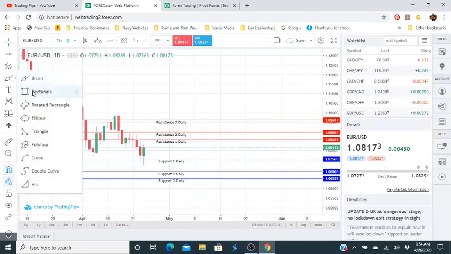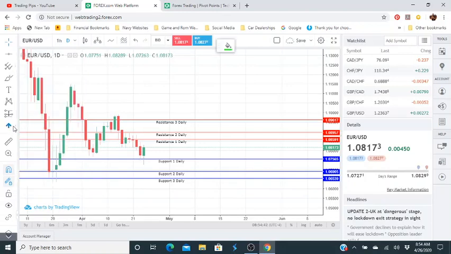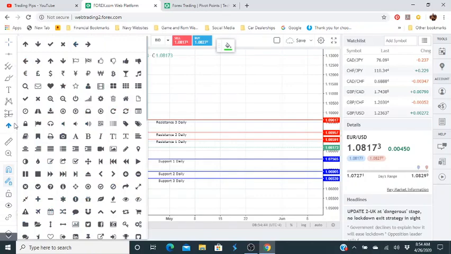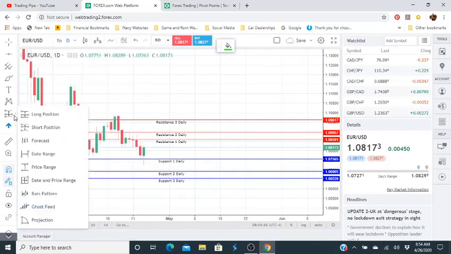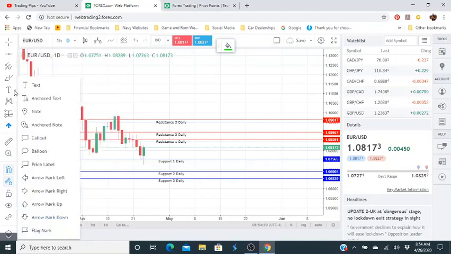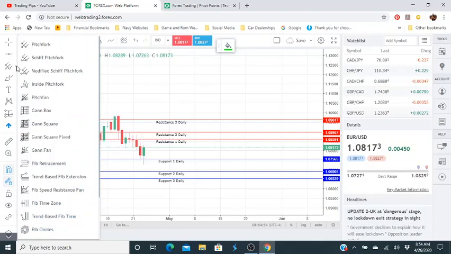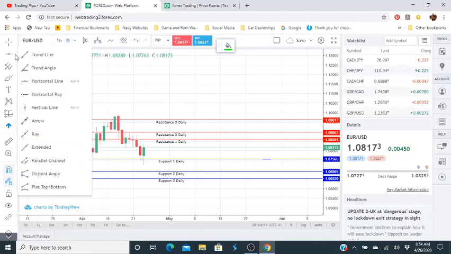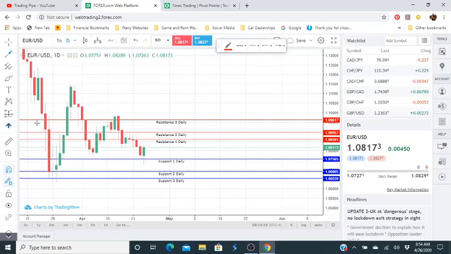And I'll just give you guys, let's see what we have here in terms of our arrangements that we could use. And it's quite a bit of them, actually. We'll use the arrow right here.